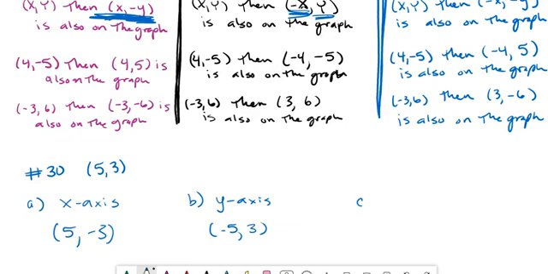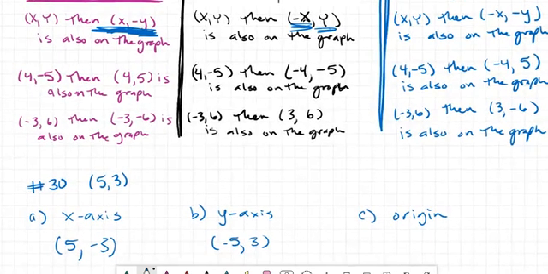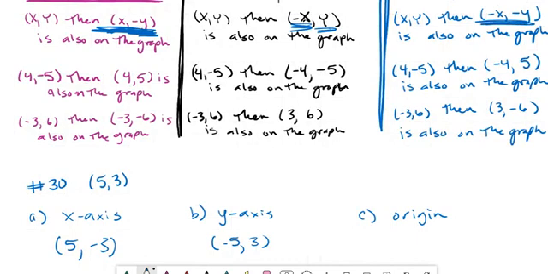And then C, what point do we know would have to be on the graph if we know the graph has symmetry with respect to the origin? So if we have this point 5, 3, and it's on a graph that has symmetry with respect to the origin, then we know the point, notice for origin, it's opposite of x, opposite of y, or negative x, negative y.